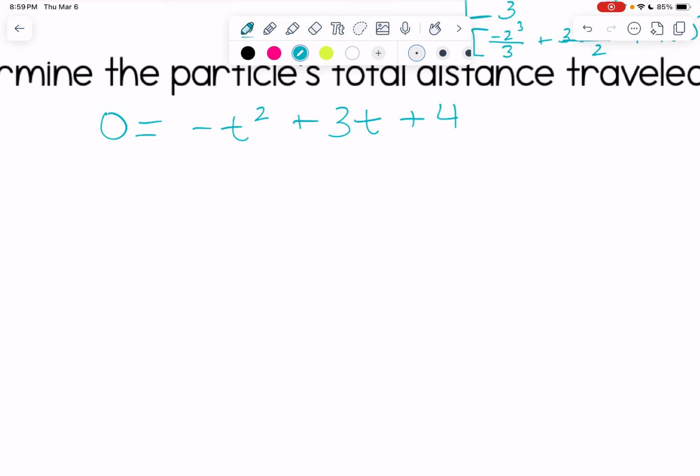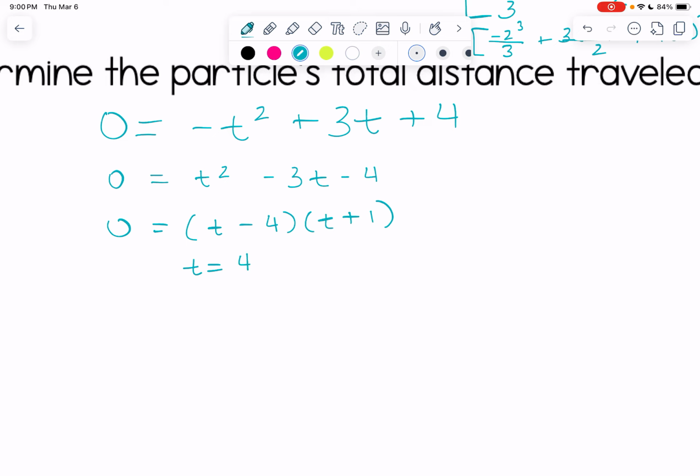So again, this work here, I'll zoom in a bit. This would tell me where the particle changes direction. So I'm going to divide out that negative first to make this easier to factor. I'm going to get t minus 4 and t plus 1 as my factors. And as my zeros, I'm going to get t equals 4 and t equals negative 1.